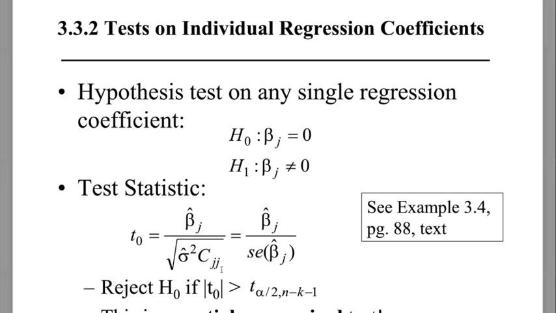We take the square root of that to get the estimated standard error of beta hat j. That's how we calculate the t-statistic for this particular test.